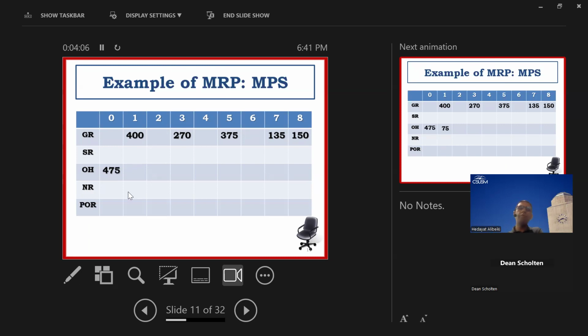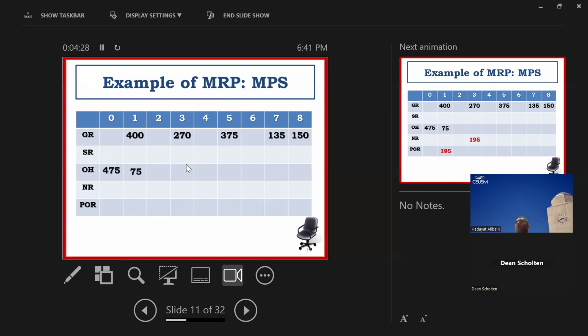So if you have 475 in stock and there is a gross requirement of 400, there's no order planned here. You're going to have a leftover of 75 units, carried over to week 2 and week 3.